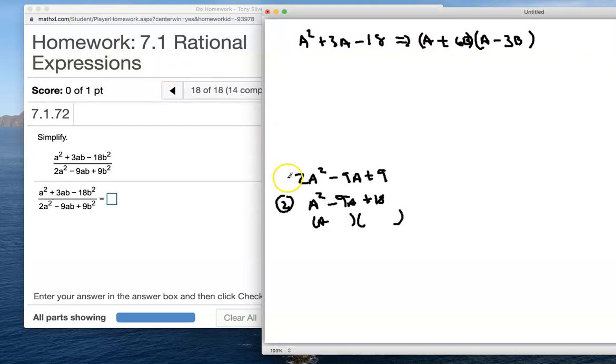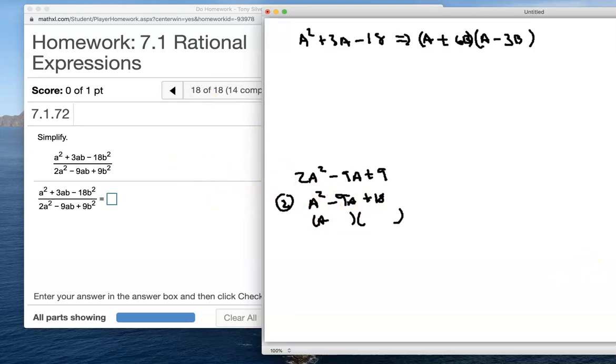This is all wrong, so I need to erase it. Sorry about that. Okay, we erased it.